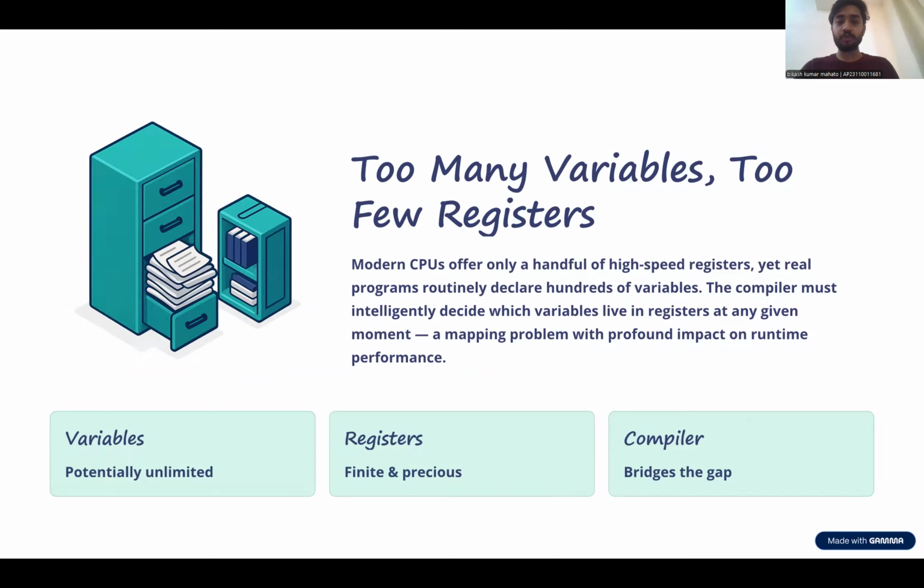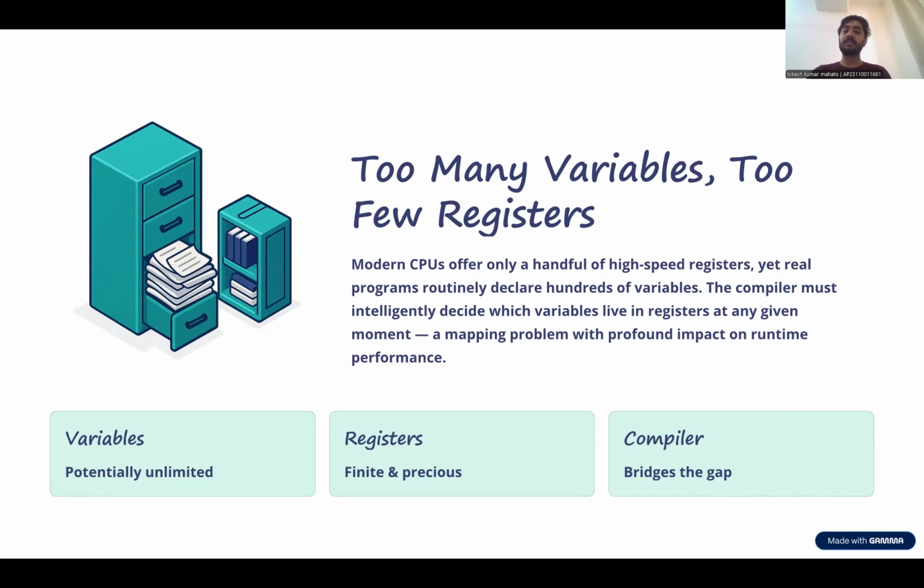There are too many variables and too few registers. Modern software programs use many variables. A simple application may use dozens of variables, while large programs may use hundreds or thousands. However, the CPU provides only a limited number of registers. For example, some processors may provide only 8 or 16 general purpose registers. This creates a challenge.